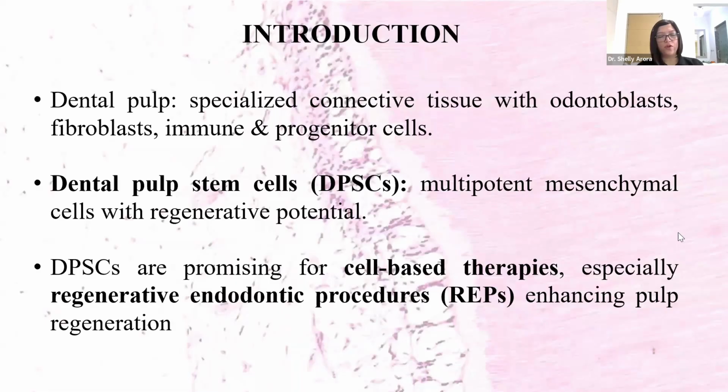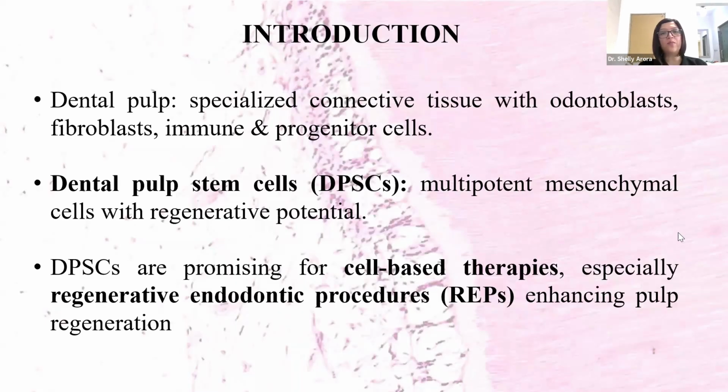So, what is dental pulp? We all know dental pulp. We have been reading about it since our undergraduate BDS. It is a specialized connective tissue which consists of odontoblasts, fibroblasts, immune, and progenitor cells. We have all read that they have mesenchymal cells, those wandering, magical cells, the dental pulp stem cells. We know that mesenchymal cells are pluripotent stem cells.